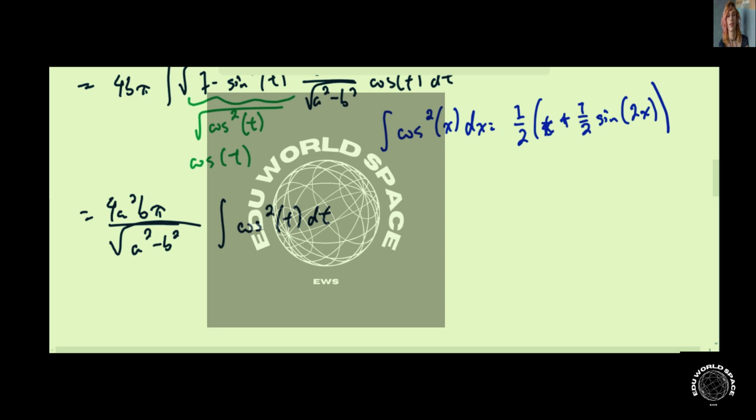So you have the cosine squared of t, which means evaluating this integral, bringing this 1/2 outside, this would become 2a squared b pi over square root of a squared minus b squared.